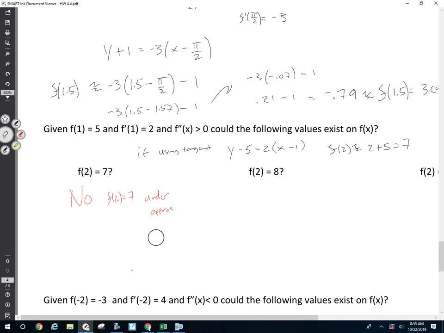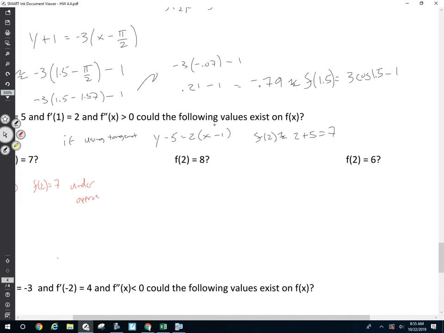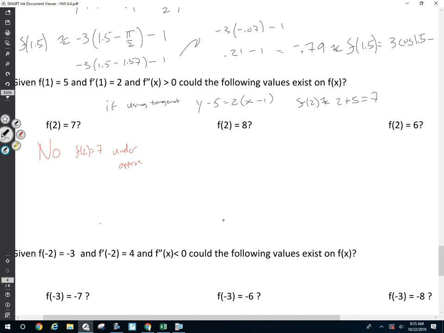Let me do a better job of drawing this picture. Point (1, 5), slope 2. Tangent lines are tough. Okay, (1, 5), slope of 2.